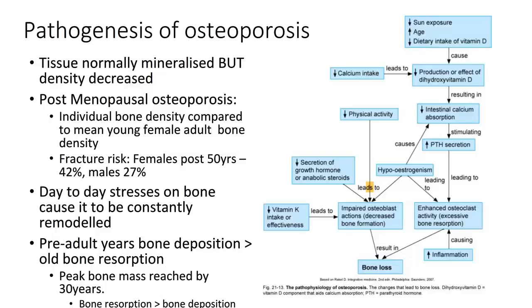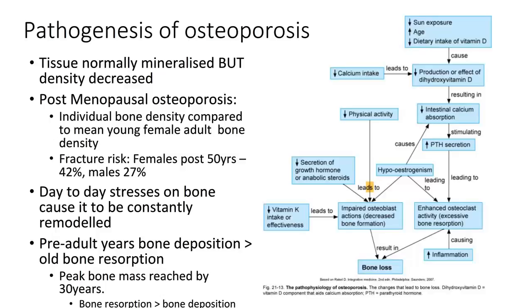So you can see on the flowchart on the right that things like decreased sun exposure, where we have less vitamin D being activated, decreases our calcium intestinal absorption. Increasing age decreases our calcium absorption, and if we don't have enough dietary intake of vitamin D, that will decrease our intestinal calcium absorption.